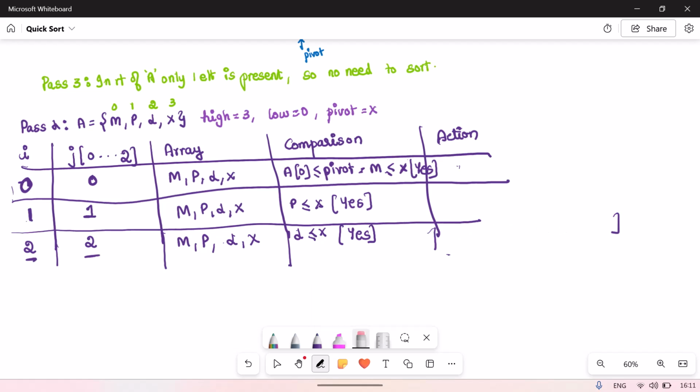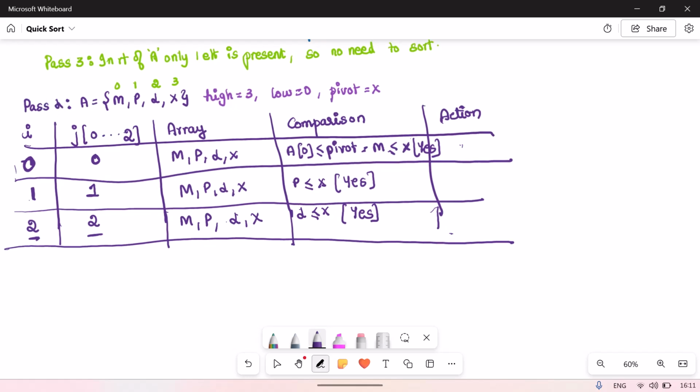Okay, so that is what. And let us now see what will happen in the last step. So we have done for j equal to 0, 1 and 2. After this, no action here, no action here and no action. Now you are supposed to do what? After you come out of the loop, increase I by 1 and exchange it with the pivot. These two should be swapped.